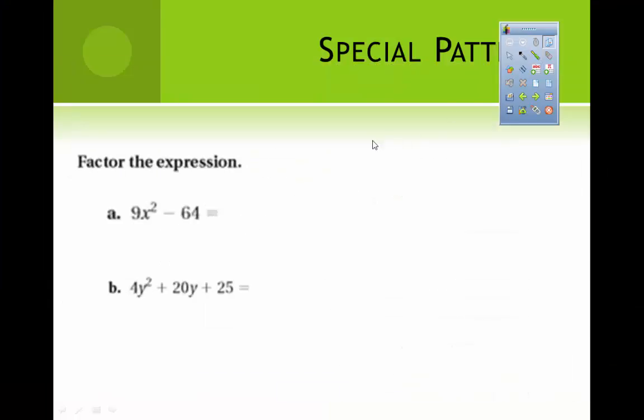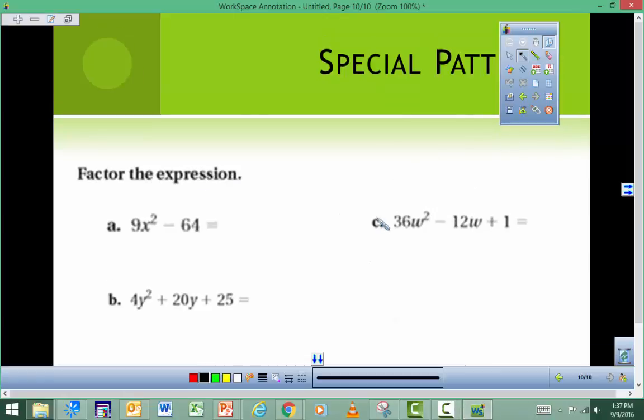So real quick, let's do part C. Does this follow the pattern? Yeah, that's a perfect square. Because it's 1 times 1, right? So, if this is my a squared, a is equal to what? 6w, right?